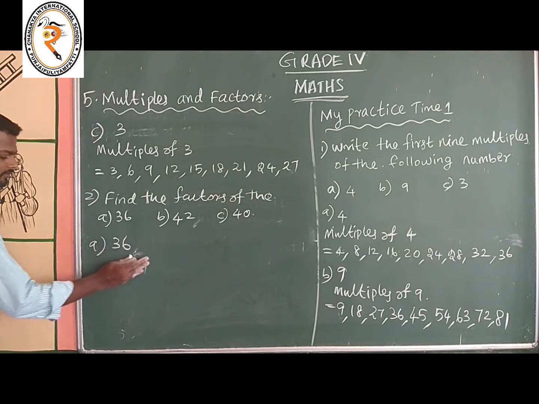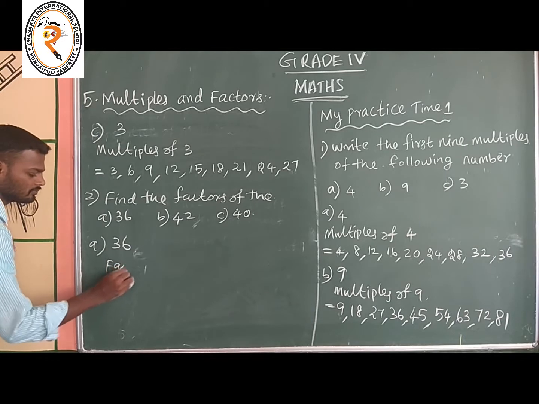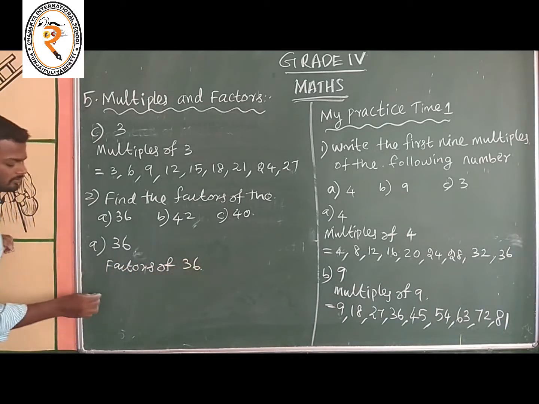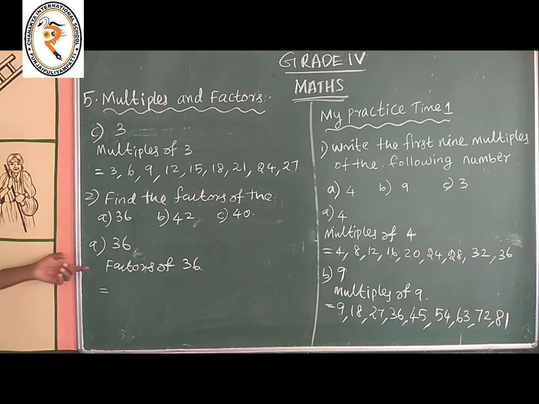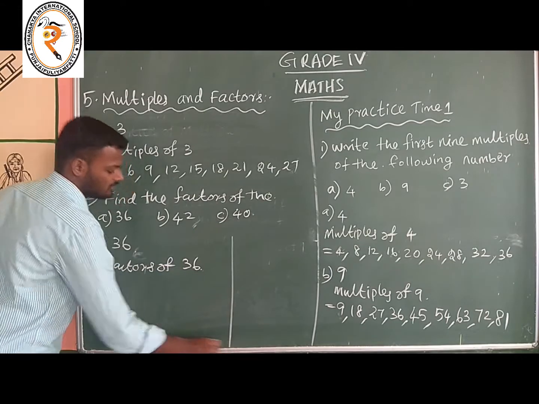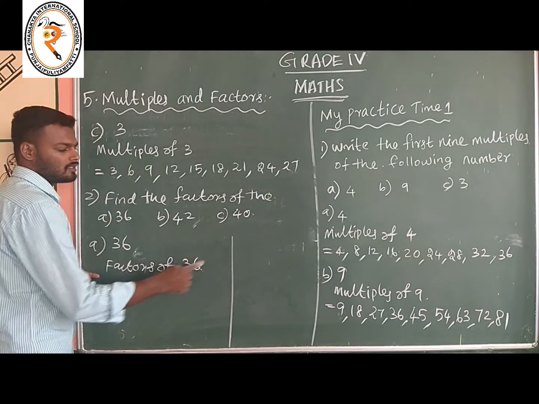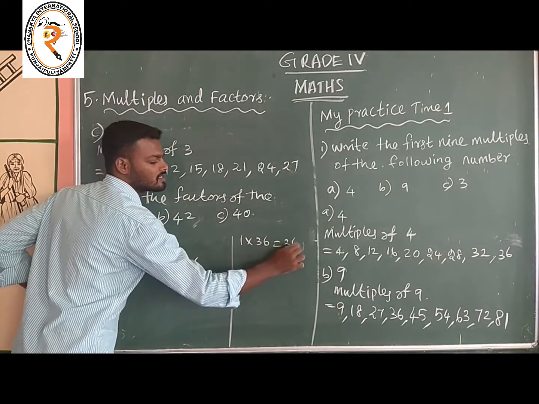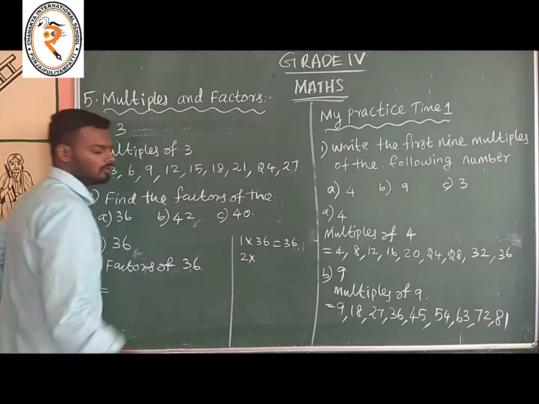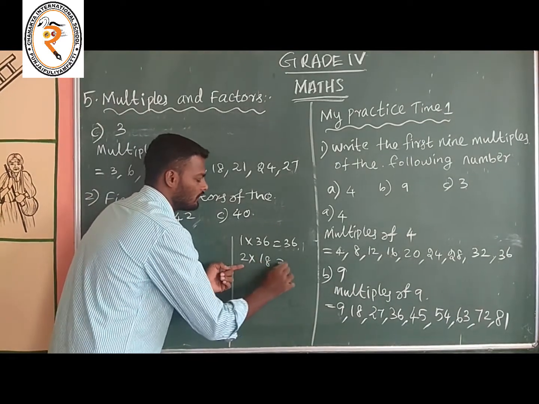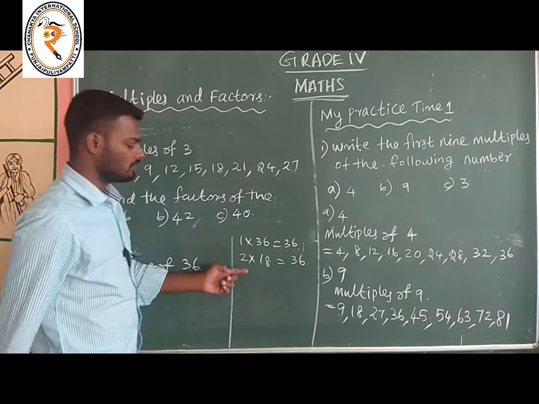The factors of 36 equal to 1 times 36 is 36. In the first table, 1 36 is 36. And the second table, 2 into 18 is equal to 36.